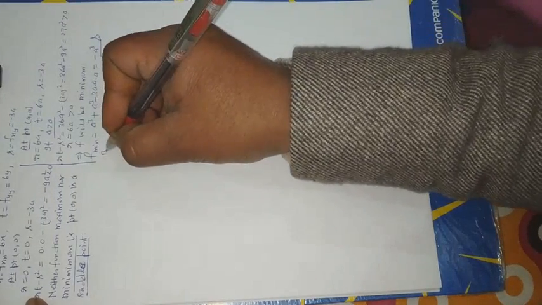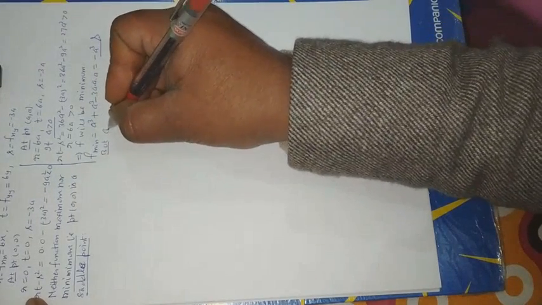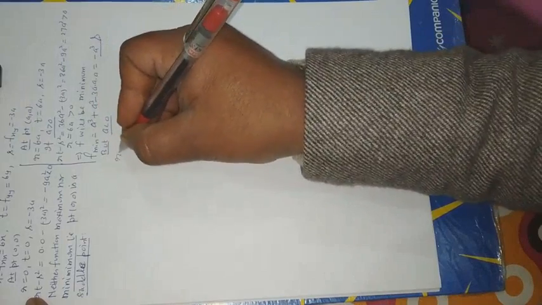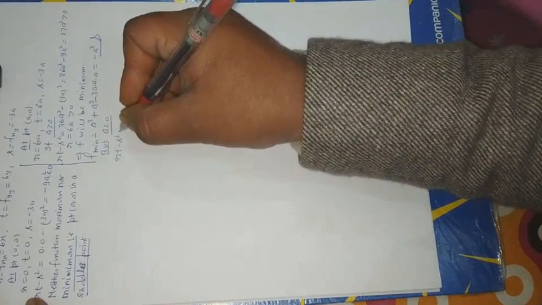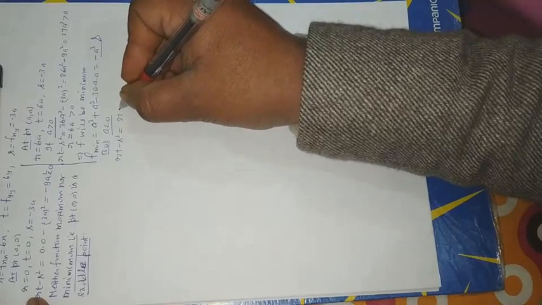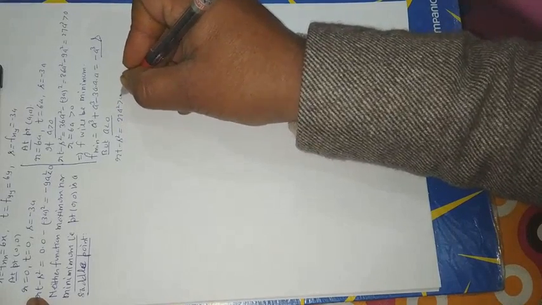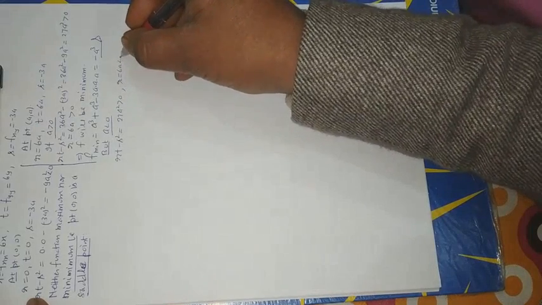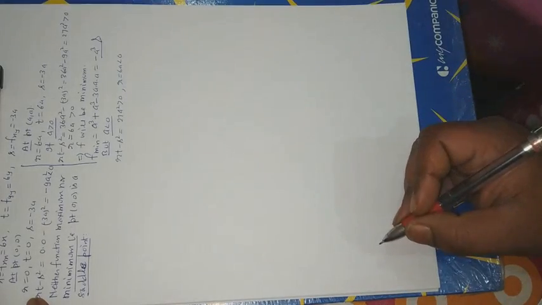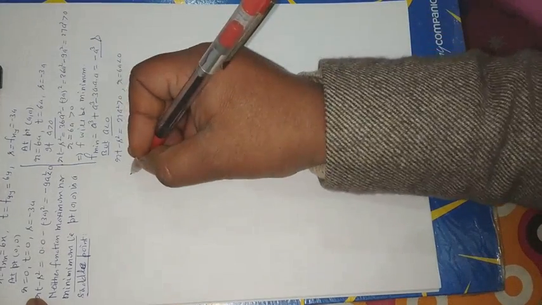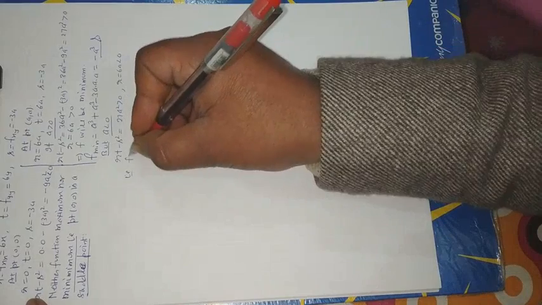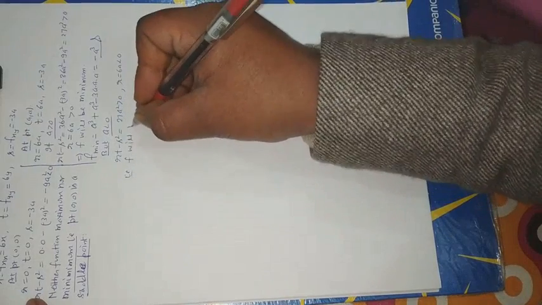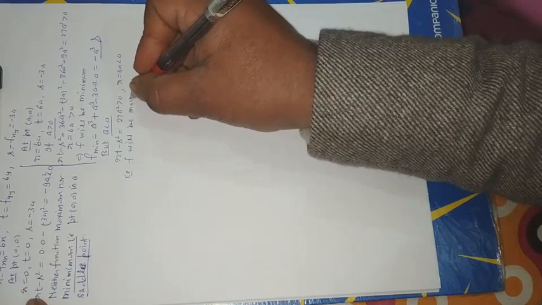But if a is negative, then rt minus s square is equal to 27a square, always greater than 0, but r is equal to 6a, always less than 0. That is, f will be maximum.